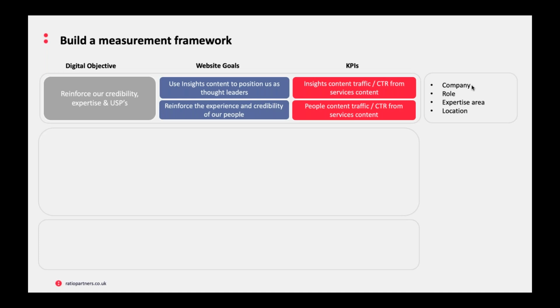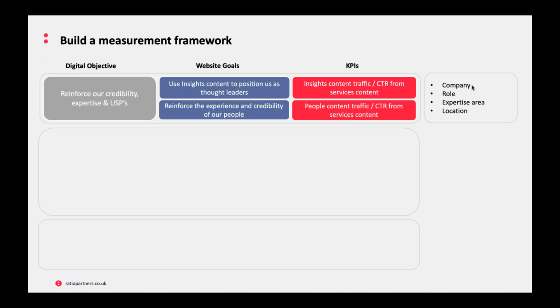It could be more granular. The point is, you need to have a base measurement framework in place before you start building out your personalization efforts. This is why we always say 80% of the success of any project is in the planning and only 20% in the implementation.